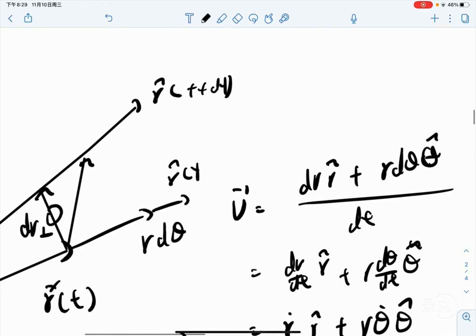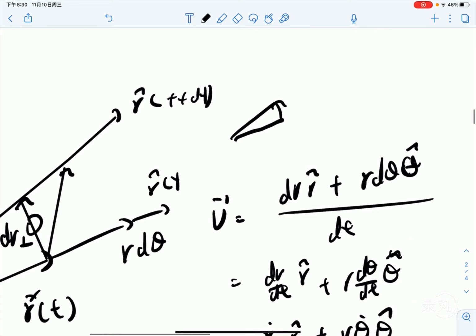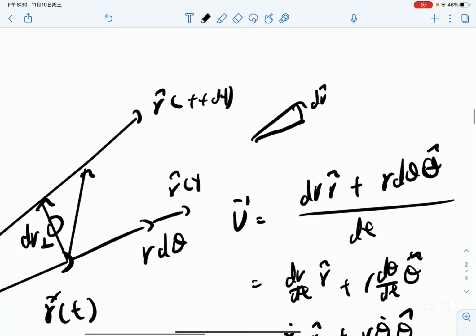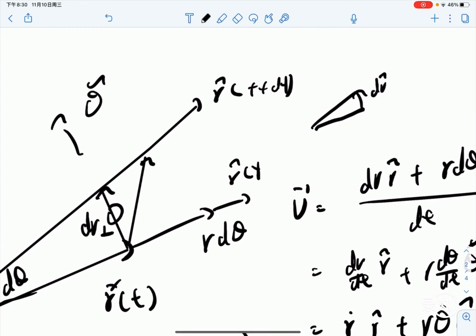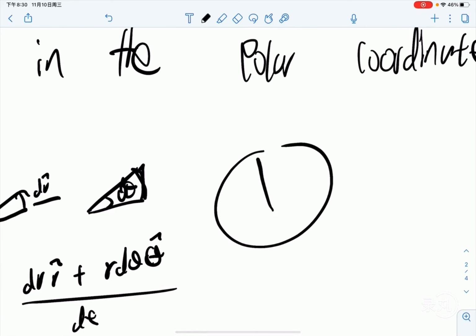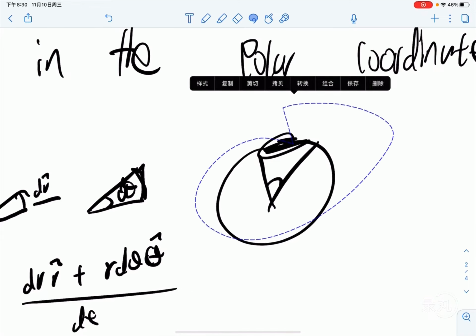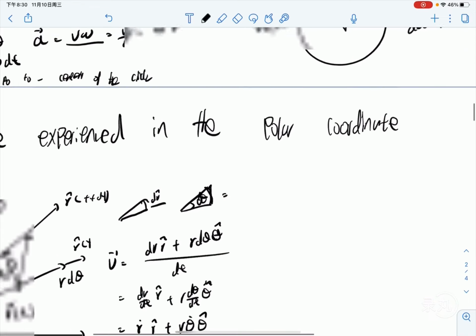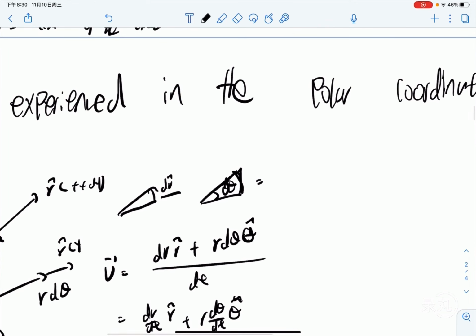So if we put it in a triangle, because it's a unit vector, it has magnitude of 1, and the change in direction is basically pointing to the theta direction, and the magnitude is just like the arc length of a circle, which is equal to magnitude of 1 times d theta in the direction of this.